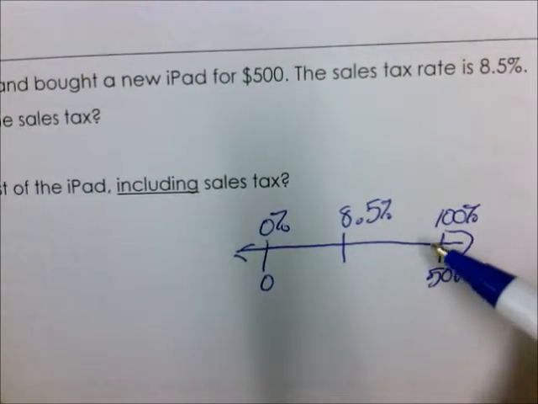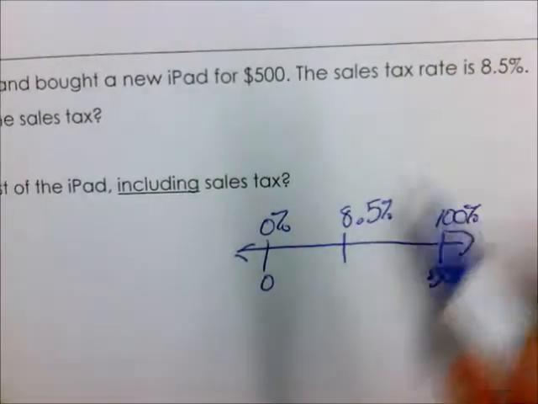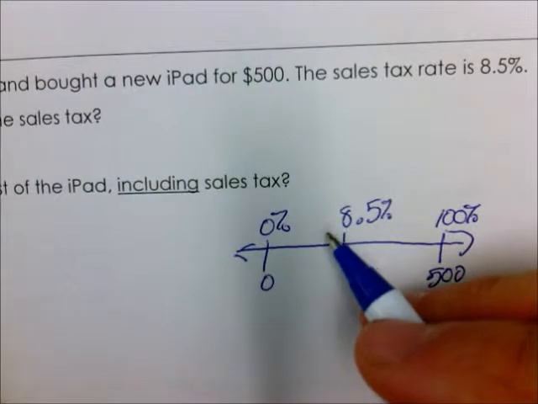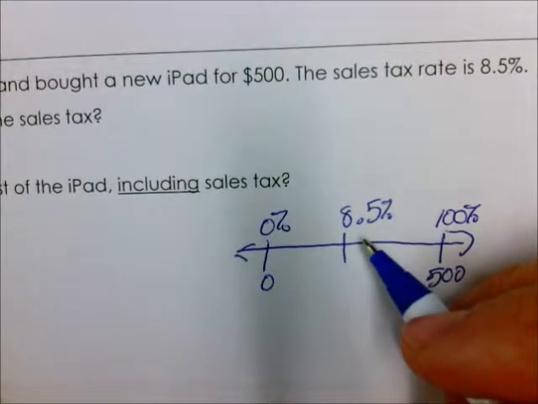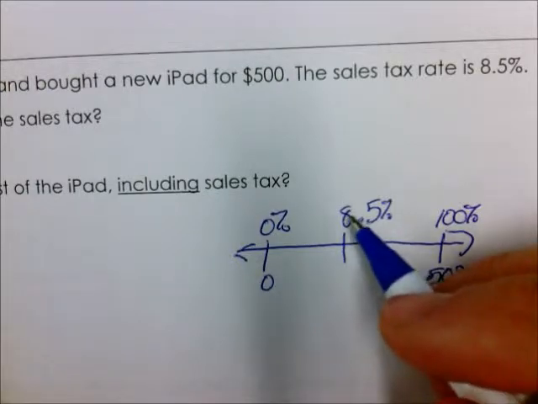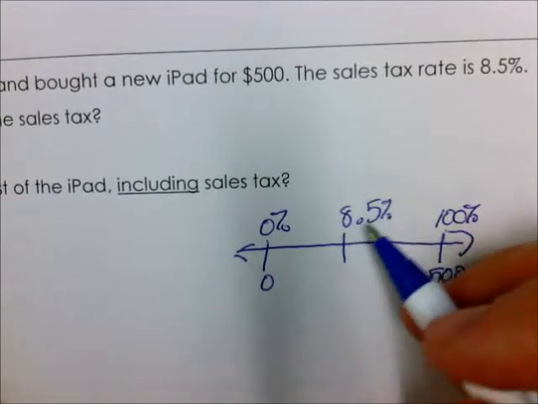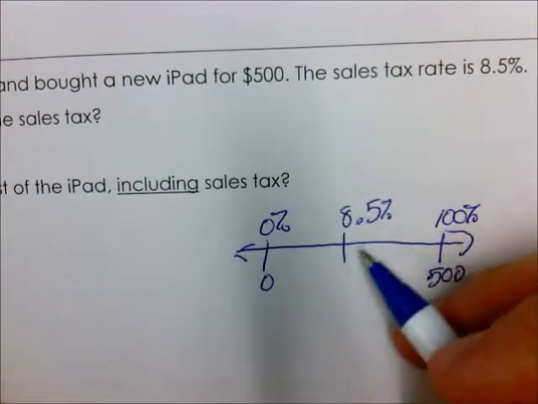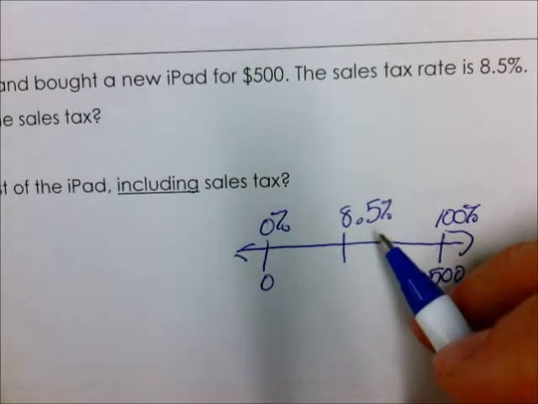Okay, well, I have no clue how to get from 100 to 8.5%. And we've kind of been working on going to 10% before. Well, if I go to 10% right here, I still have no clue how to get from 10 to 8.5. So this is where there was a lesson called weird percentages. This would be considered a weird percent, 8.5%.